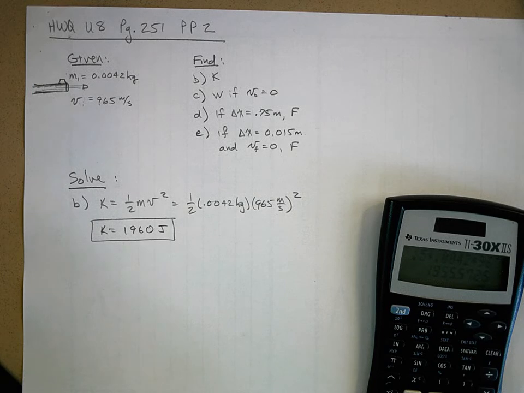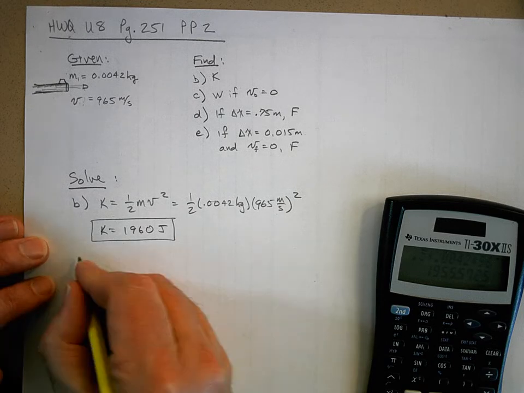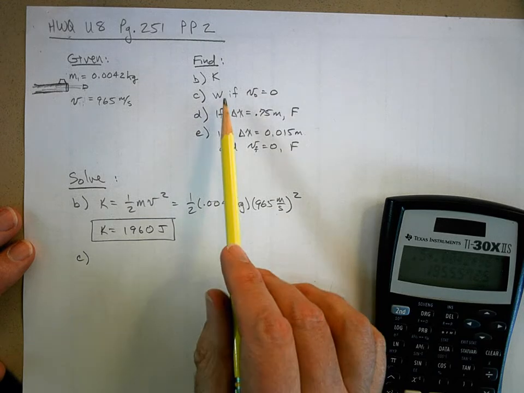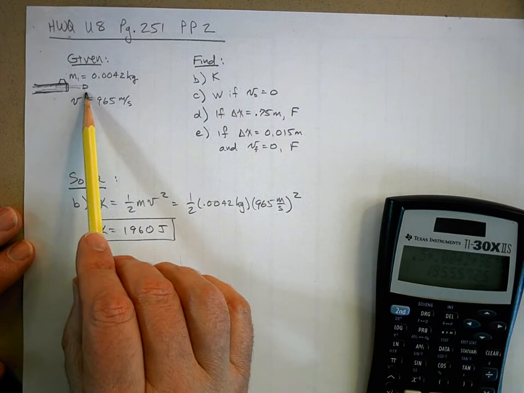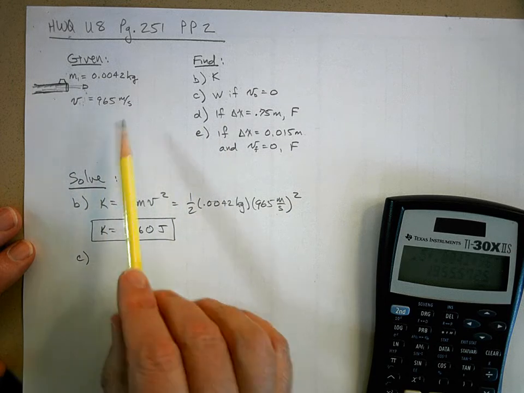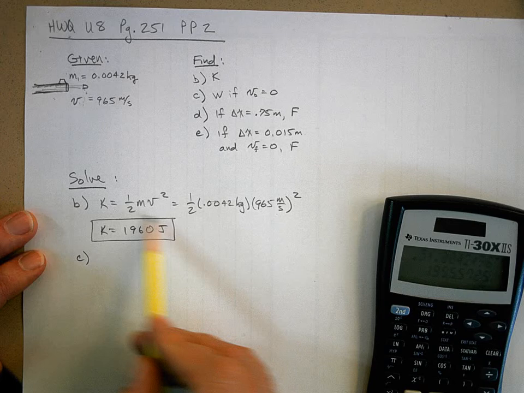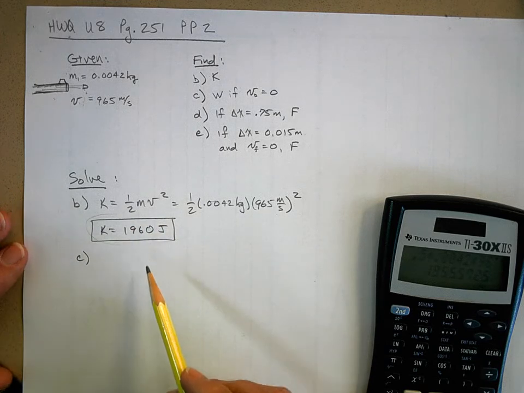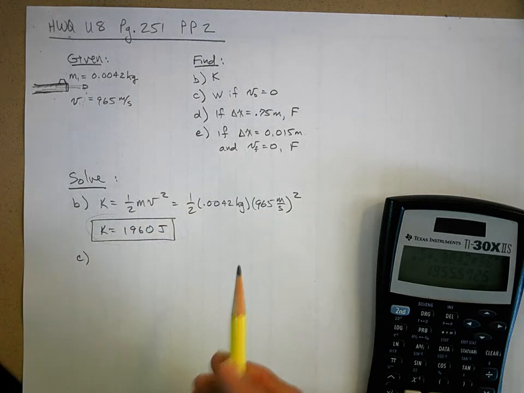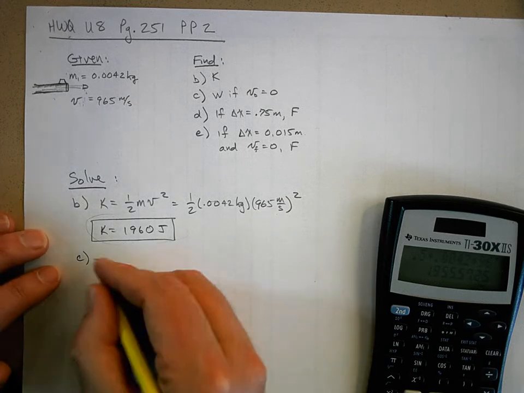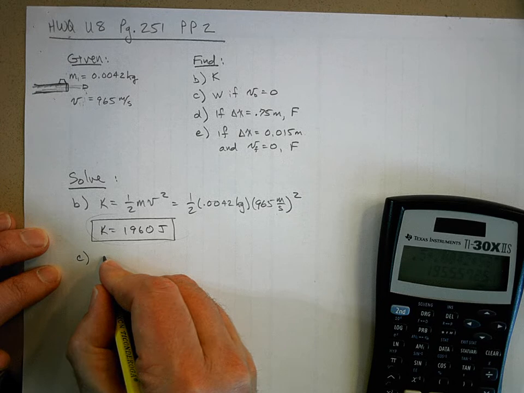Okay, you agree with that? See what the book got? Yeah, that's right. Now part C. What work did the rifle do on the bullet if the bullet started from rest? Well, where did this bullet get its energy? From the work done on it by the rifle. So this all stems from the work energy theorem.